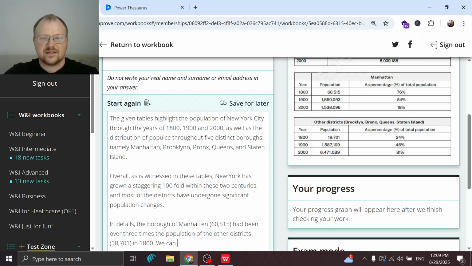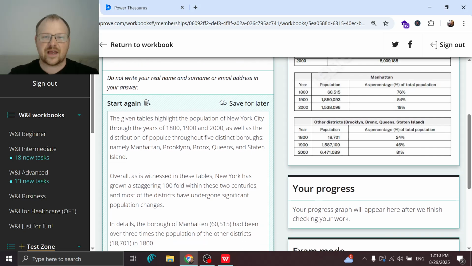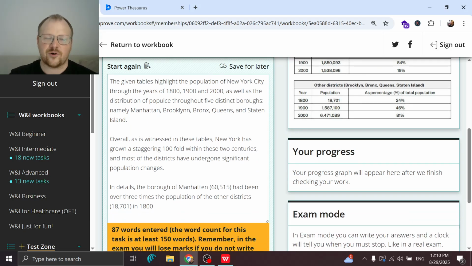Okay, and we want to emphasize that we have 60,000, 18,000, and the total population is 79,000. So we want to mention that this is a significant proportion of the overall population.